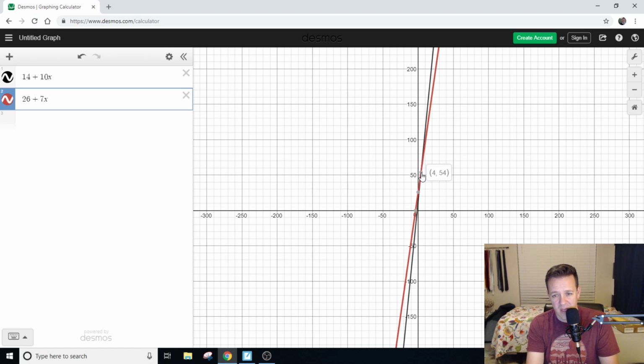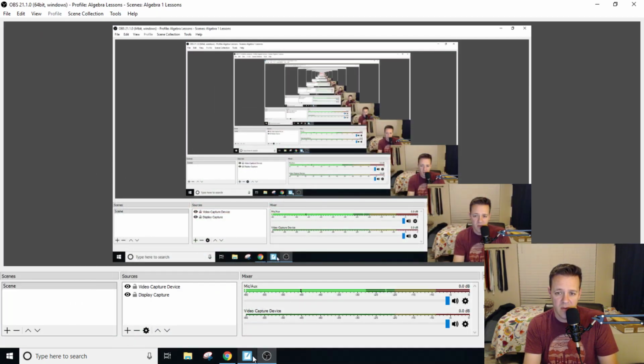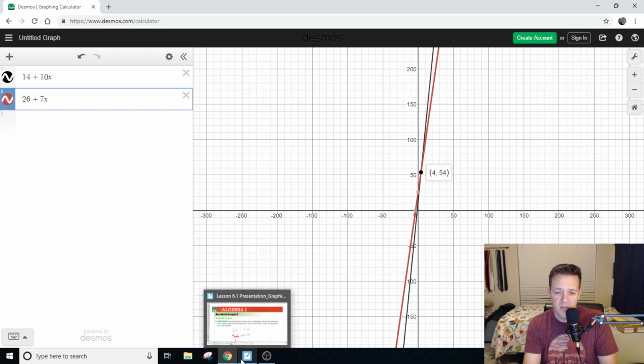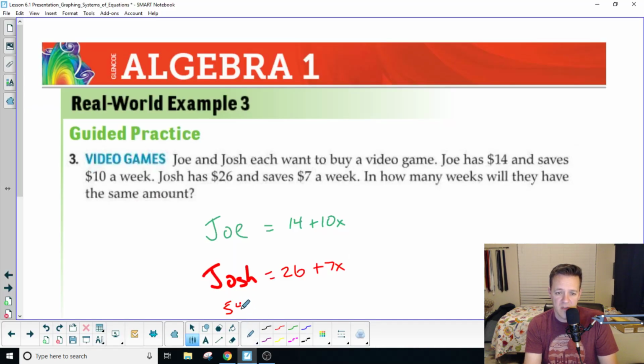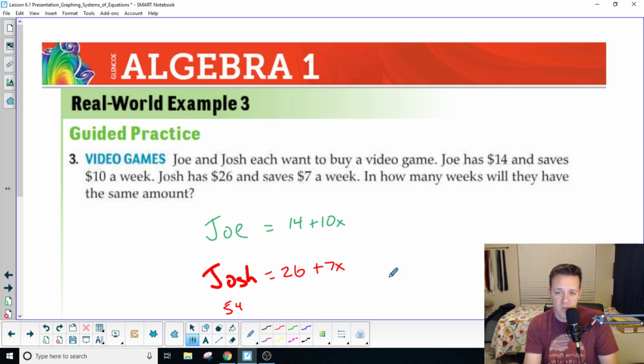But if you look at the dot right there, my x is 4 and my y is 54. So the answer then is what? In how many weeks will they have the same amount? It would be after 4 weeks, because my point was (4, 54).